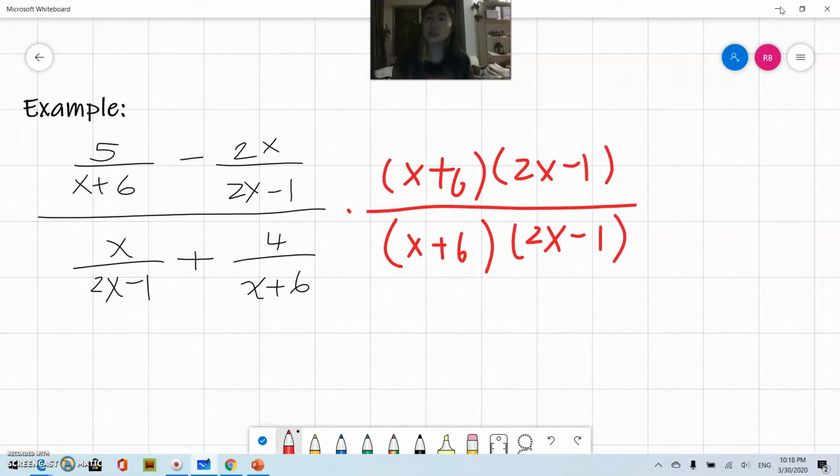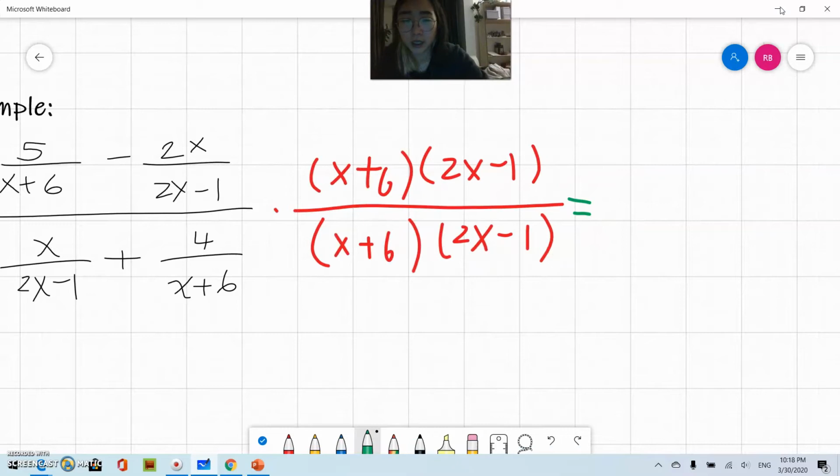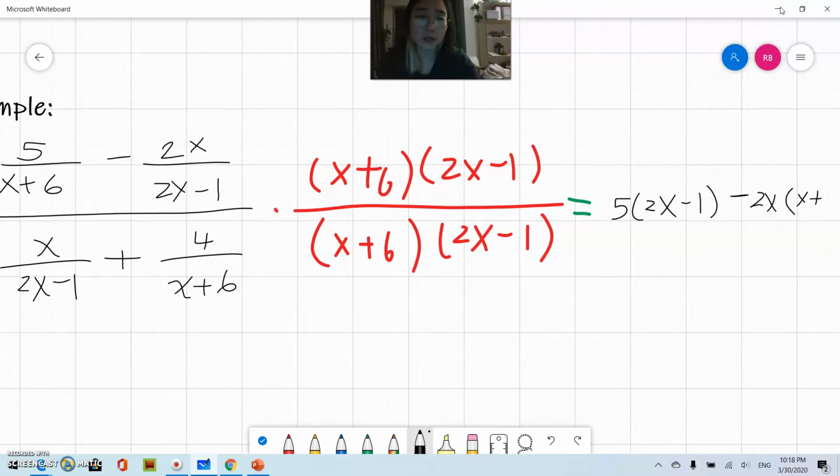So I'm essentially multiplying by 1, so nothing is changing. Again, we need to think of it as a distribution. This is going to be a little bit longer. So the first part, the x plus 6 cancels with x plus 6, so it becomes 5 times 2x minus 1, minus 2x times 2x minus 1 cancels with 2x minus 1, so x plus 6 is on top.